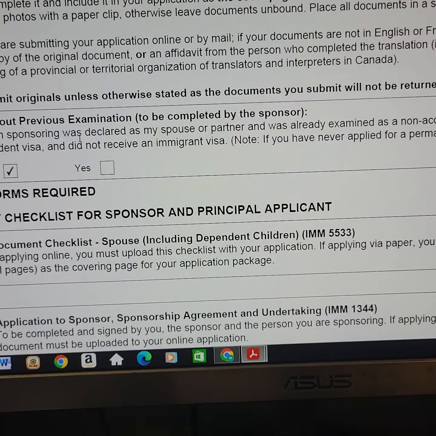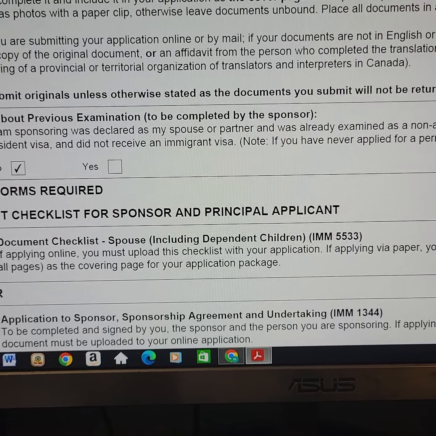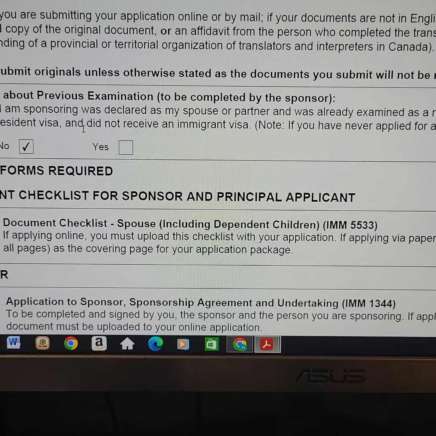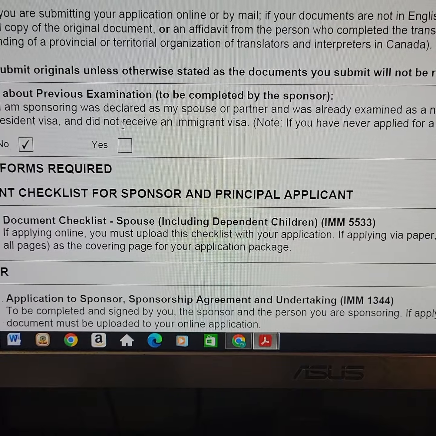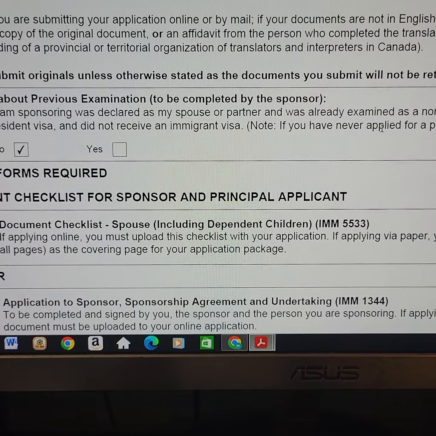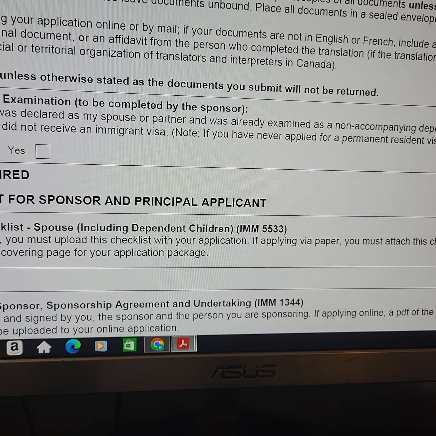So information about previous examination to be completed by sponsor. Okay, the person my sponsor, so this is what I'm saying, reading for myself. I would say the person I'm sponsoring was declared as my spouse or partner and was already examined as a non-accompanied dependent when I applied for permanent resident visa.